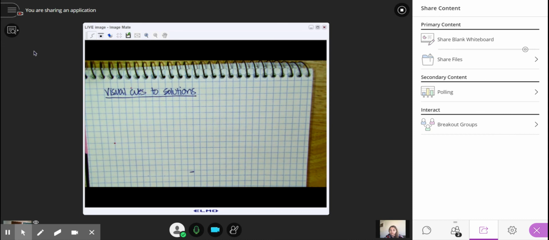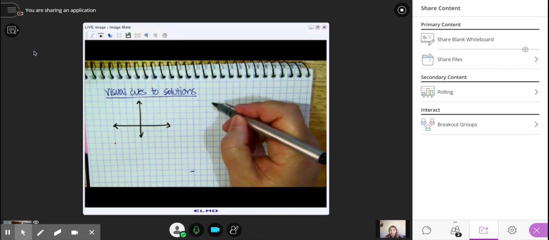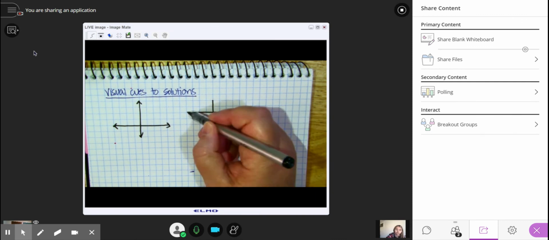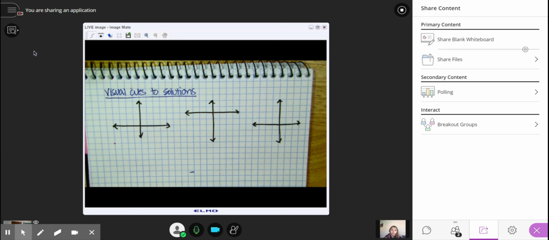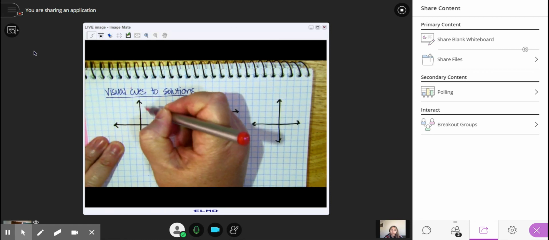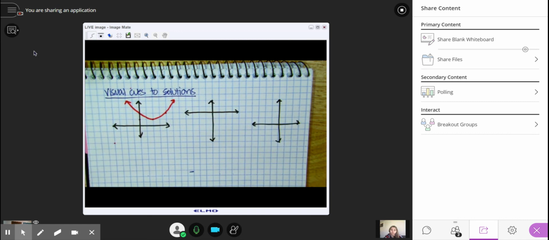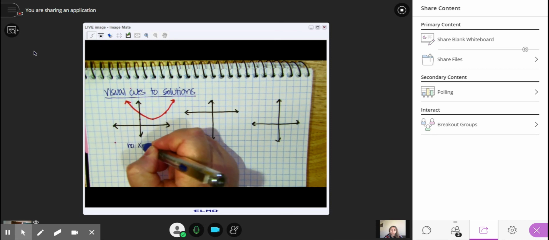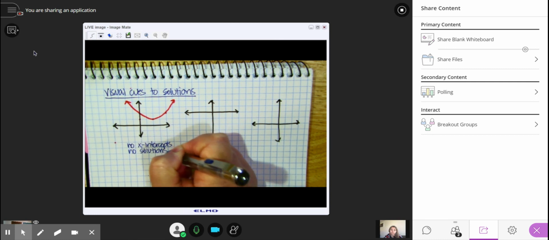And that is that you can get some visual cues to the number of solutions from your graphs. All right.